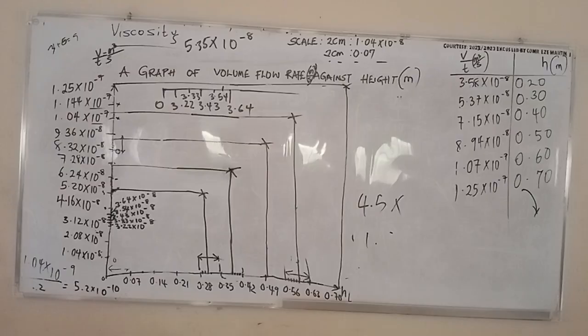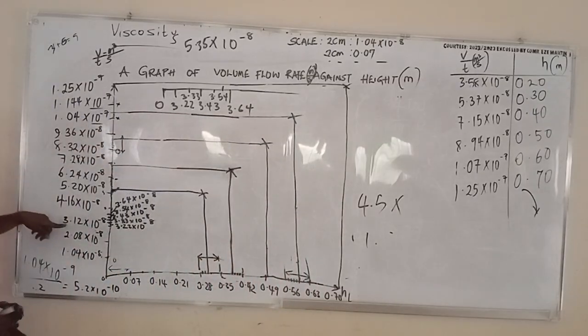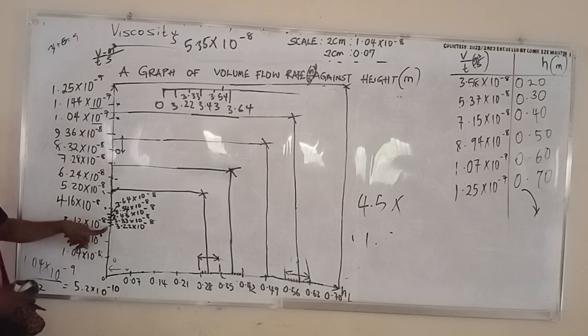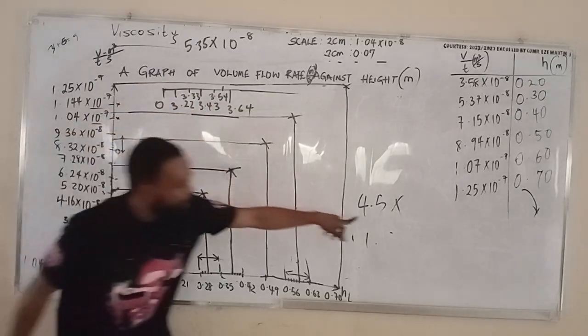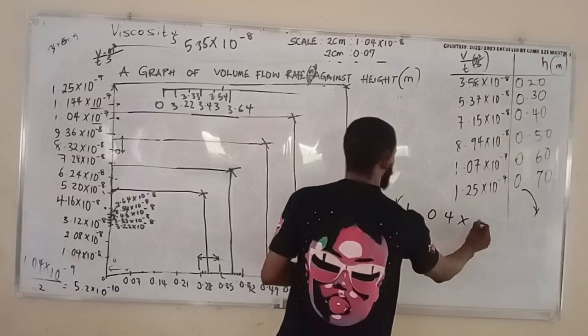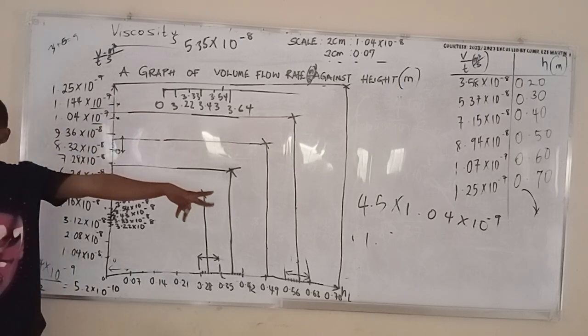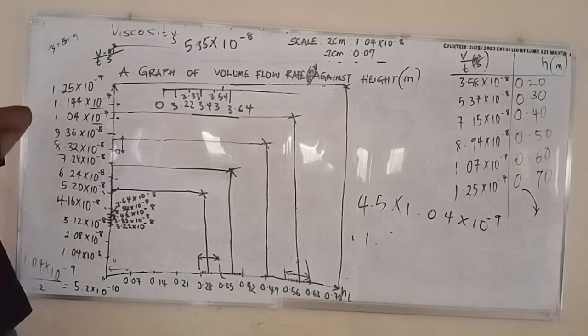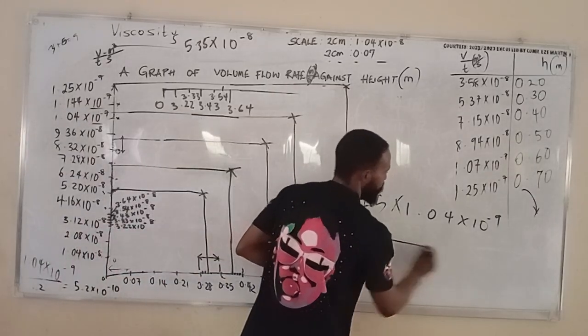Okay, say it again. This is what? 4.68. If I have 4.68 plus, where are we? Plus 3.12 times 10. You did 4.5 times 1.04.